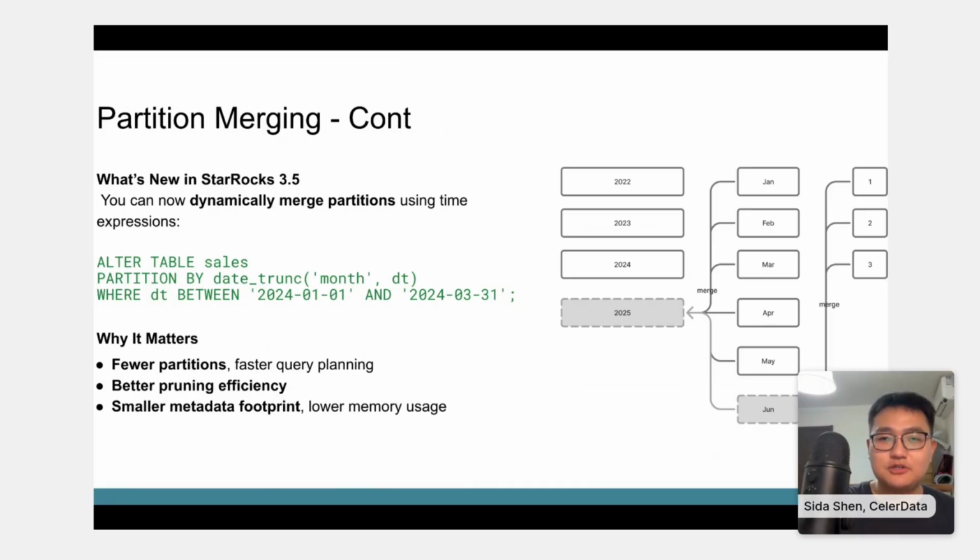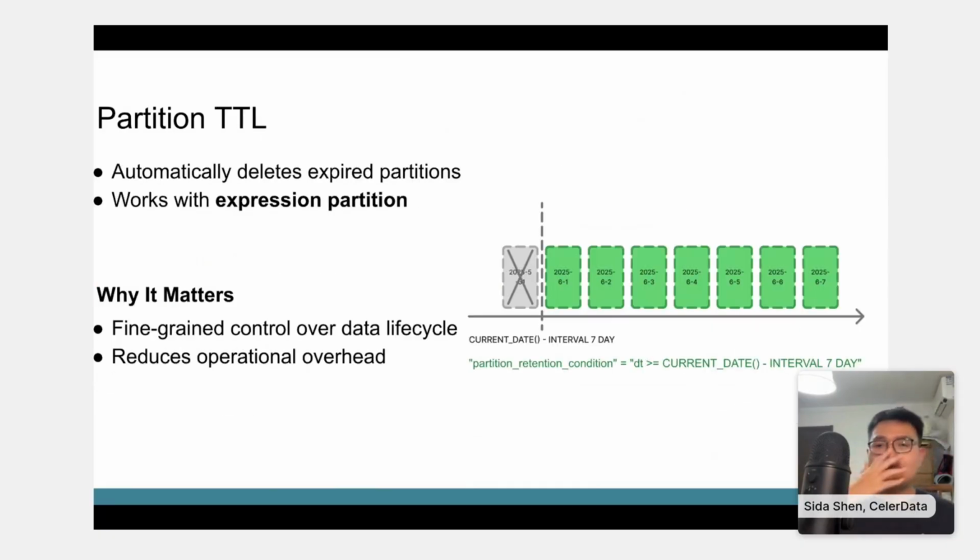This is partition merging. And next is partition TTL, time to live. In StarRocks 3.5, we introduced partition time to live, which automatically expires partitions. It also works with expression partition.